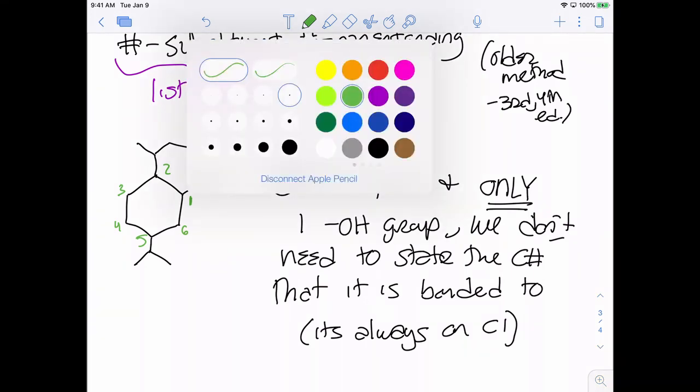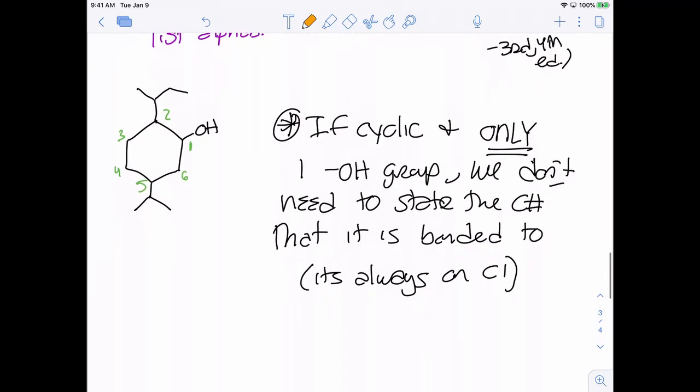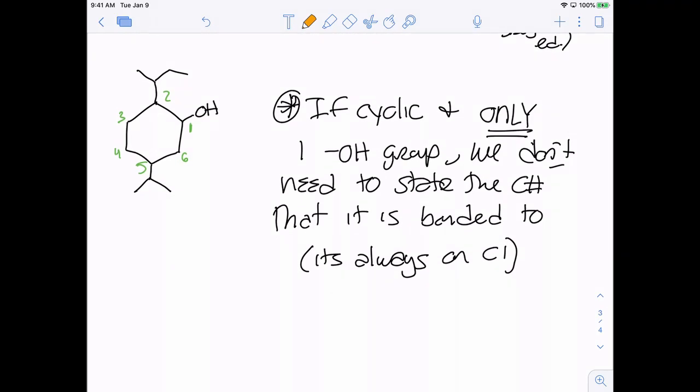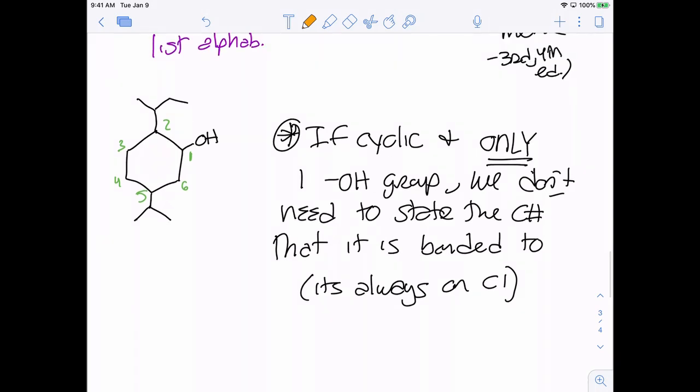So the name of this one, I guess we'll write it down here so we have enough room, because it's going to get kind of big. So the group on carbon 2, do you guys remember what that one's called? I can actually write it up here. So I have 4 carbons, 1, 2, 3, 4. But it's bonded to the second of the 4 carbons, right? So this was sec-butyl. And remember, it actually stood for secondary, right? This carbon is secondary. It's bonded to 2 other carbon groups.